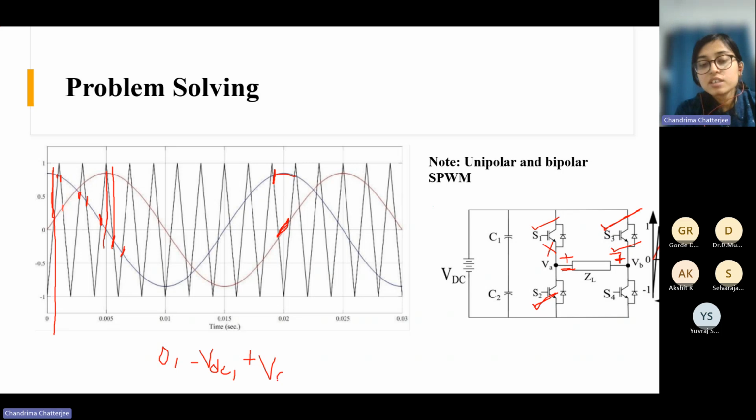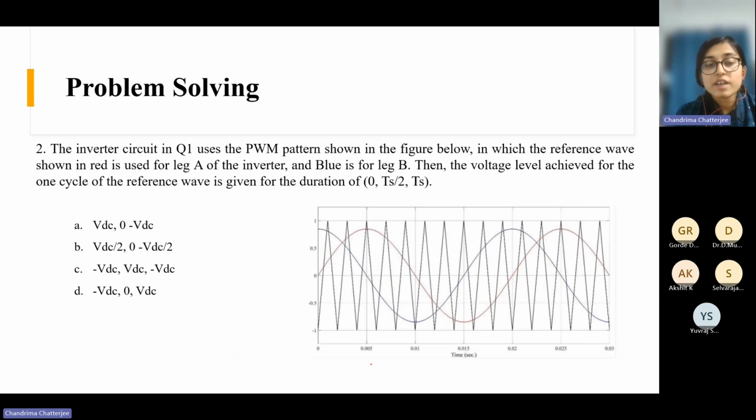You are getting three levels, plus VDC, minus VDC and 0. That's what they have asked. So option D is correct, right? You are getting these three things here. So option D will be the correct option.